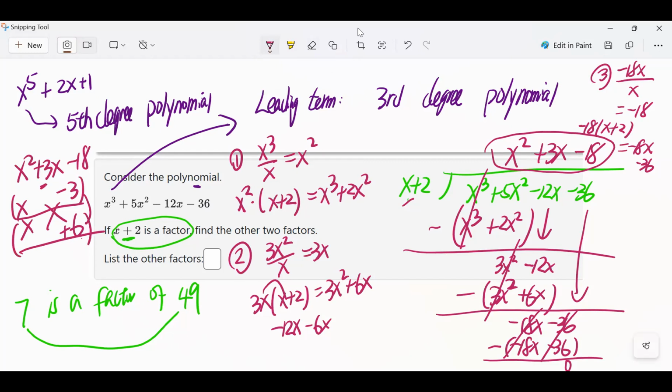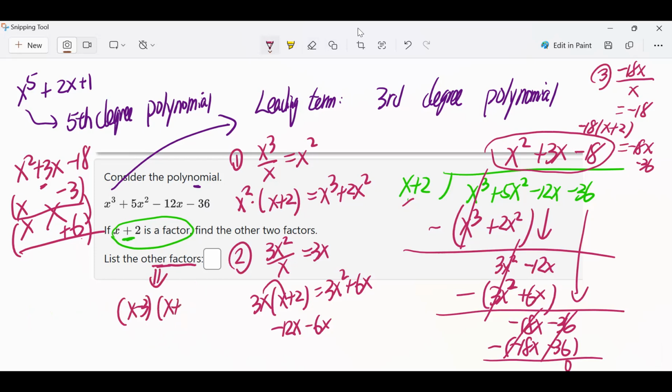So those two factors will be the other two factors. Let me erase this so I can put the answer here. And below here, those two factors are x minus 3 and x plus 6. Okay. And that's basically how we will handle this kind of question.